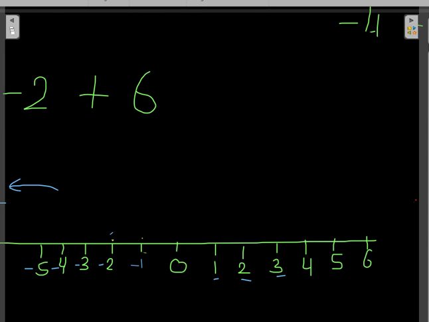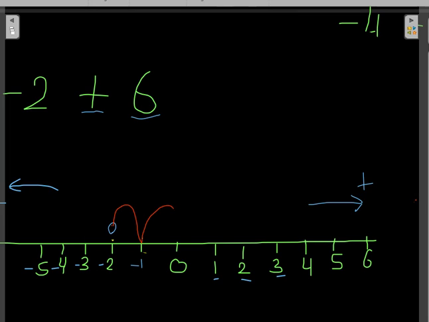So we're beginning right here on negative 2. The plus sign tells us which direction we're going. We're going to the right. And the 6 tells us how many places we're moving in that direction. So let's start moving. It's 6 places to the right.